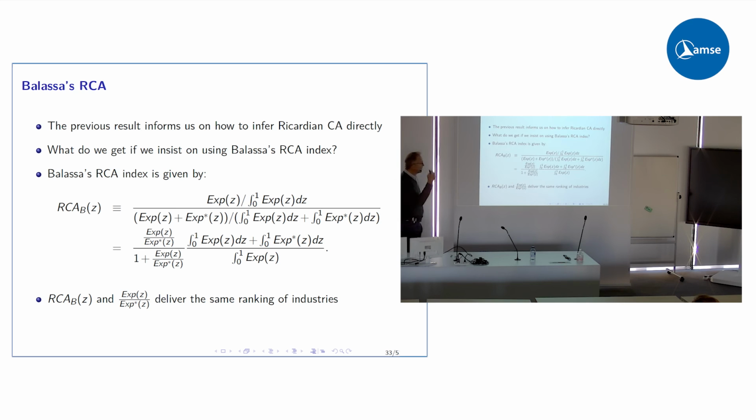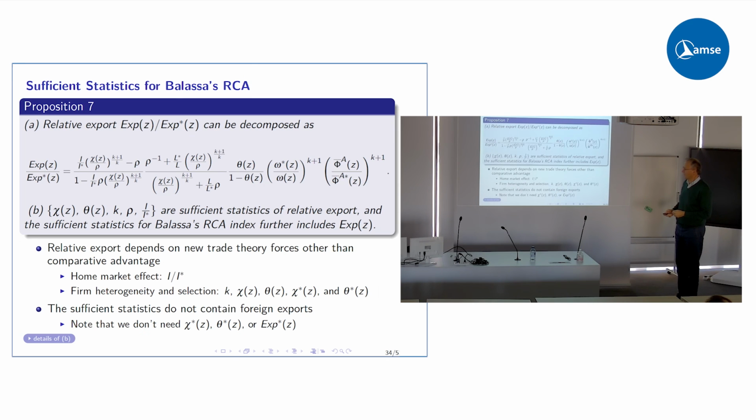So you can also write the Balassa index in the model. The Balassa index is by definition a measure of specialization in exports across sectors with respect to the rest of the world. And this is the main component of the index. You can also evaluate with sufficient statistics this component of the Balassa RCA.